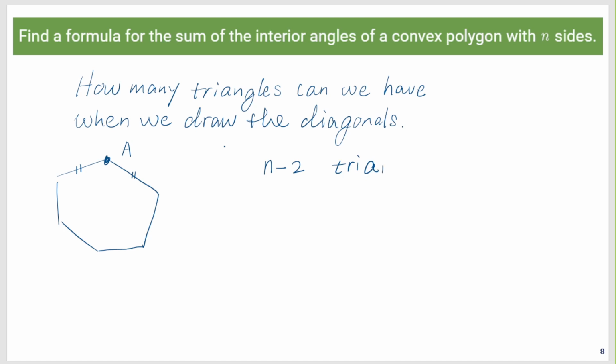You see that? By drawing the diagonals. Because if you don't count these two exceptions, there are n triangles, and actually we can't use these two sides, therefore there must be n minus 2 triangles, right?